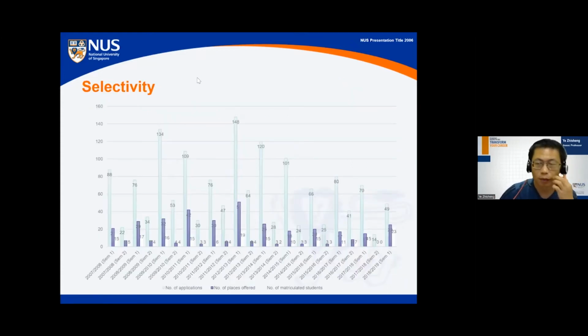Here is some more data to show you the selectivity, but it is not very representative. Previously the department had a PhD quota, and the department would look through the application materials of all the applicants in the pool and then select a few candidates to interview.